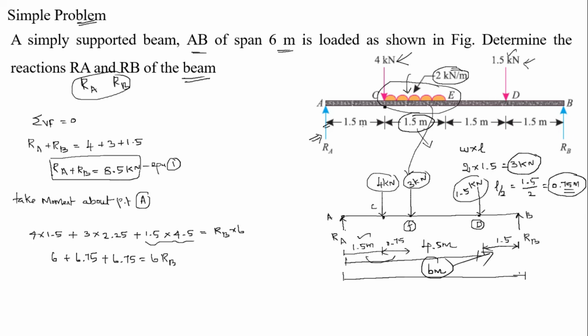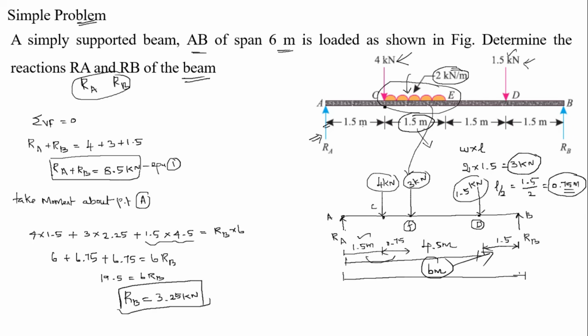So now add all those things: 6 plus 6.75 plus 6.75, 19.5, which is equal to 6 RB. So RB is equal to 19.5 divided by 6, which is equal to 3.25 kilonewton. So this is the value of RB.